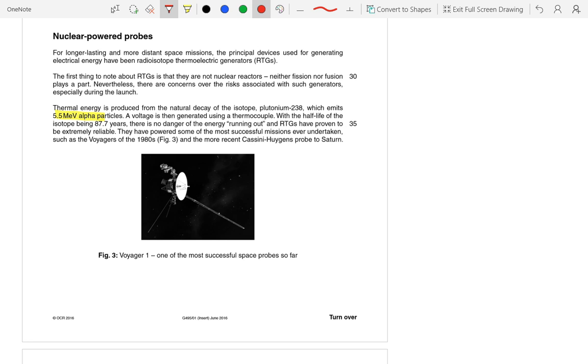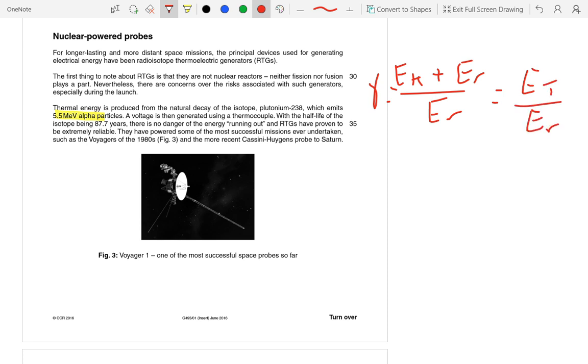So if you remember, E kinetic plus E rest over E rest equals gamma. So that's total energy over rest energy. You can use that to work out, I think it's called the Lorentz factor, gamma, how close something's basically going to the speed of light.